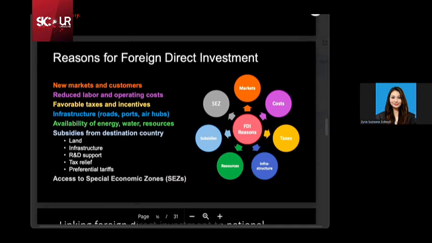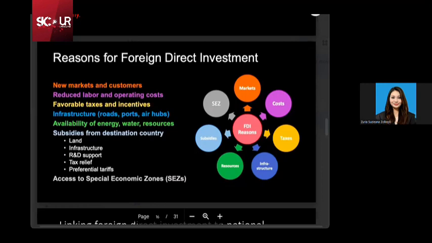So under the reasons, or the determinants of FDI, one of them is in terms of economic conditions, where we are referring to the markets and the resources. Under market, we take a look at the size and income level, and then the level of urbanization in that specific country, right? And then we take a look at the growth prospects in terms of economic growth.